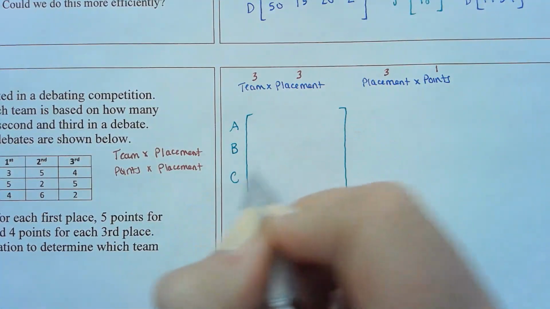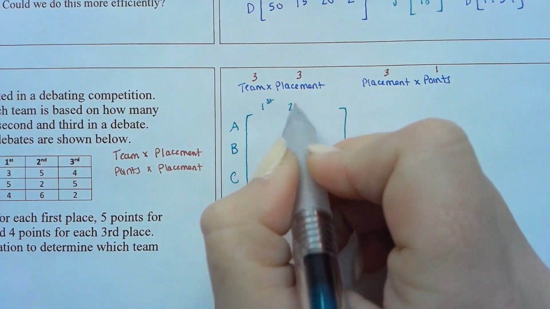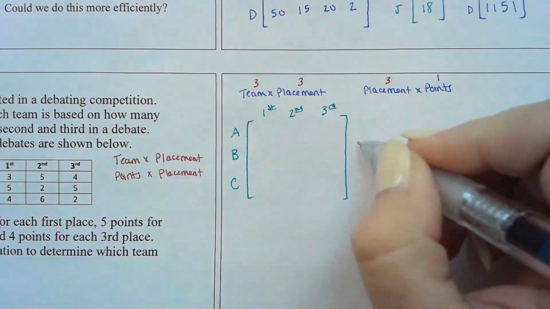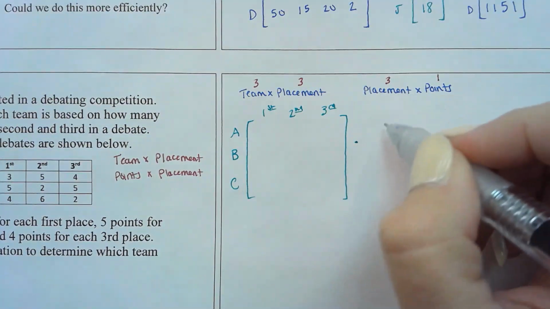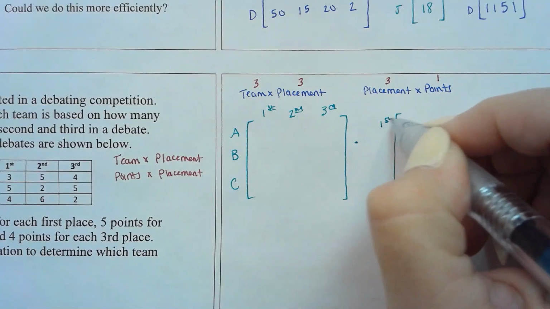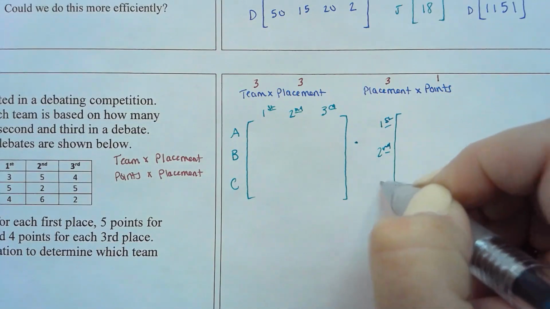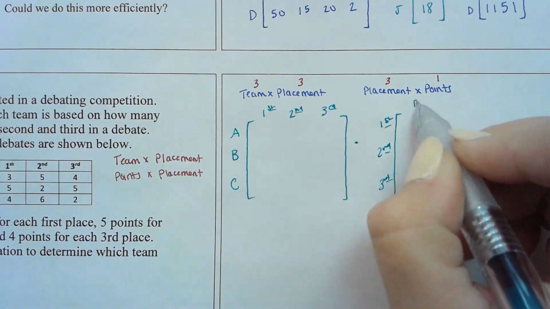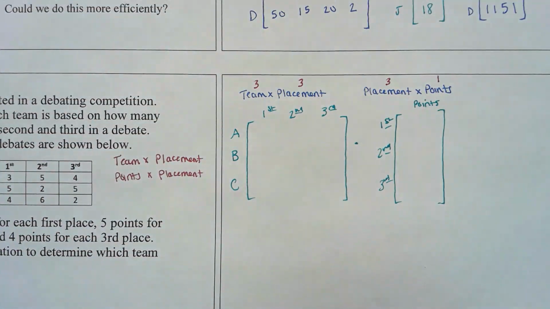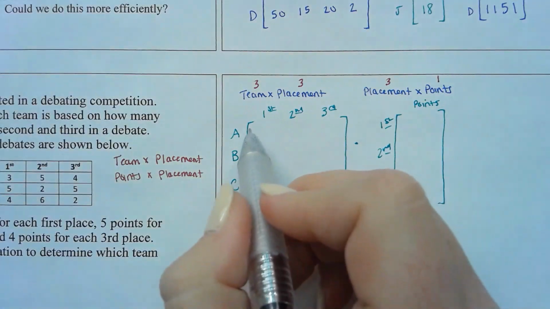We've got team A, B, and C, and we've got first, second, third place. We're going to multiply that by, remember placement is my rows, so I've got 3 rows, first, second, and third, and the point value for that. All right, let's go fill it in.